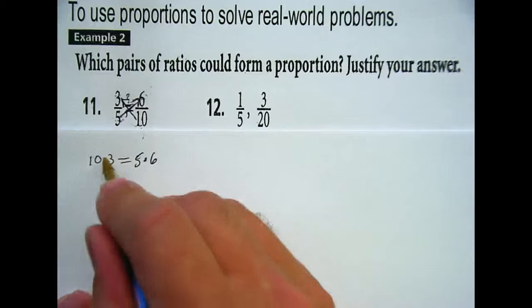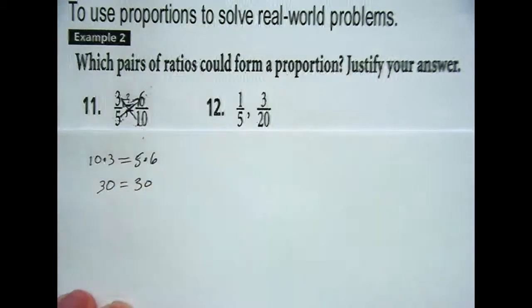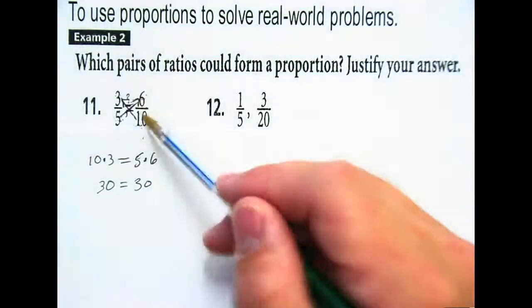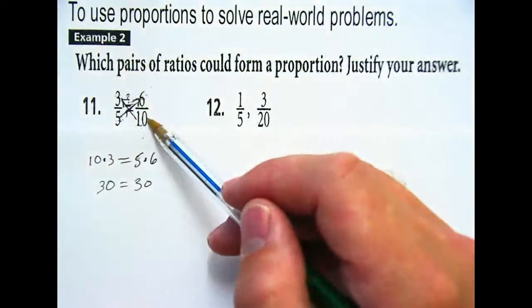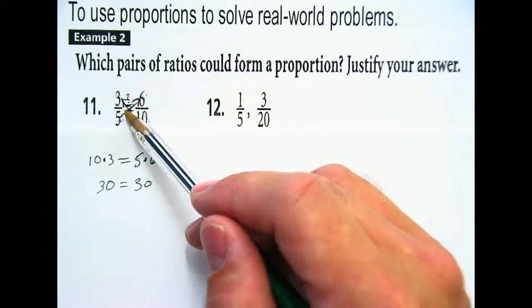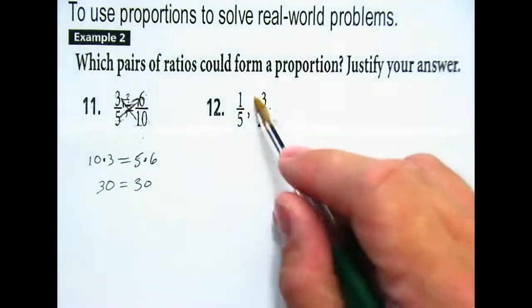Right? They both equal 30. So if you cross multiply and they equal the same thing, then they're proportional. And I didn't hear this one, but 6/10 reduces to what? 3/5. They're proportional.